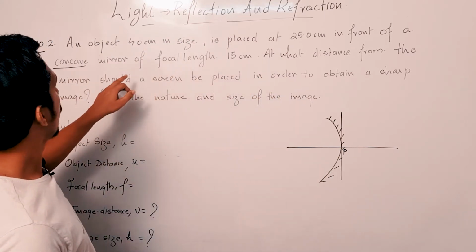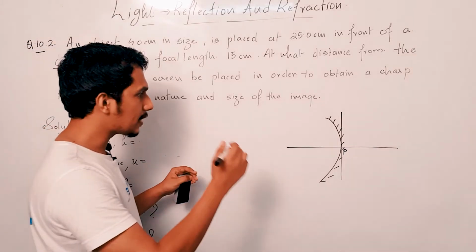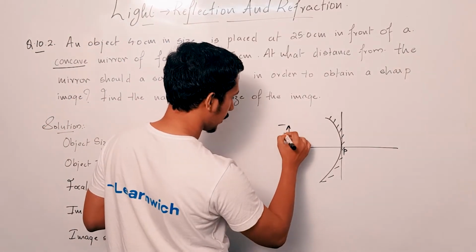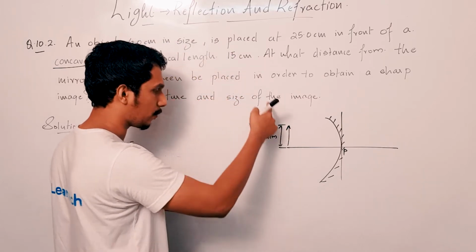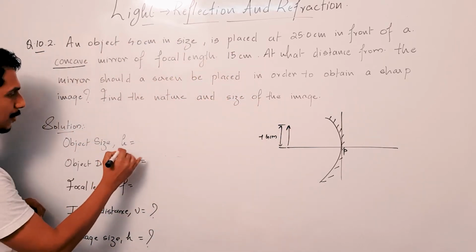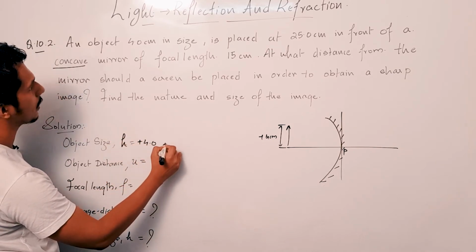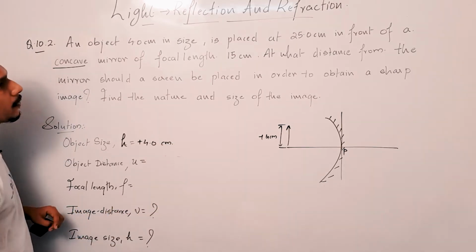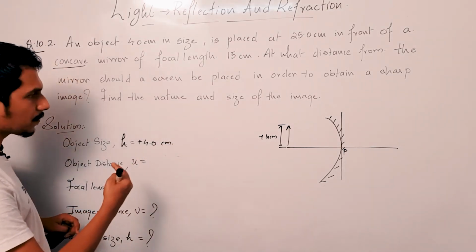What are the things given? An object 4 cm in size. An object is usually placed erect. The height of the object is given as 4 cm. This is positive in the upward direction. So object size h will be positive 4 cm. It is placed at 25 cm in front of the mirror.